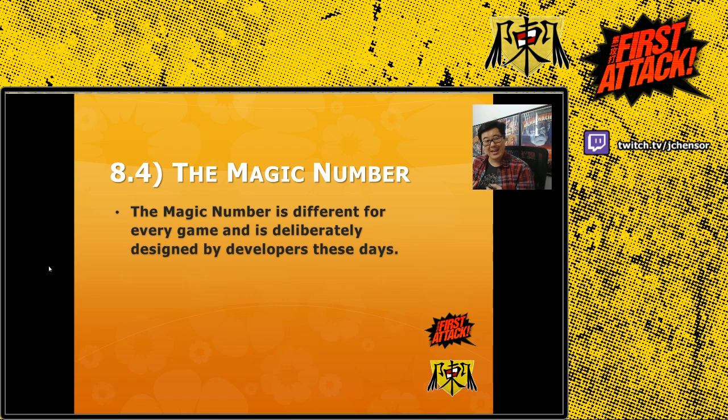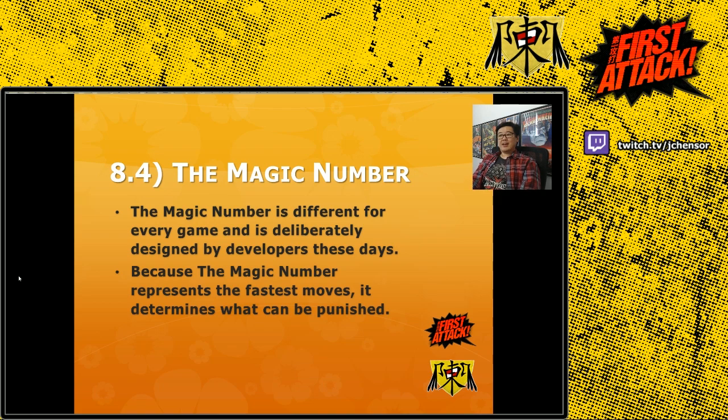The way that developers create frame data for their characters is largely based off of this magic number. And again, the reason why the magic number is so important is because, since it represents the fastest moves in the game, it determines what moves can or cannot be punished.